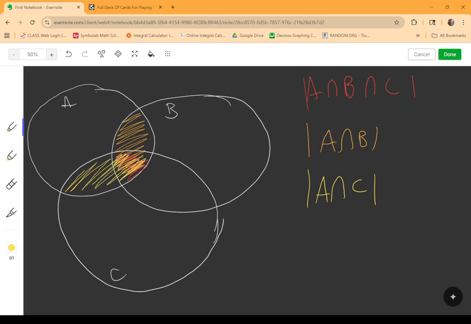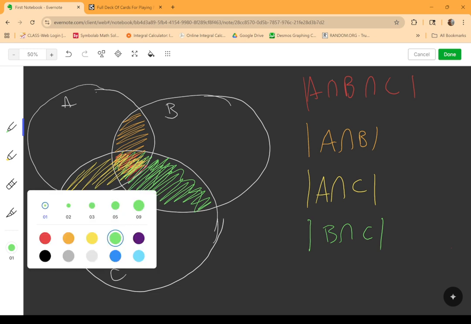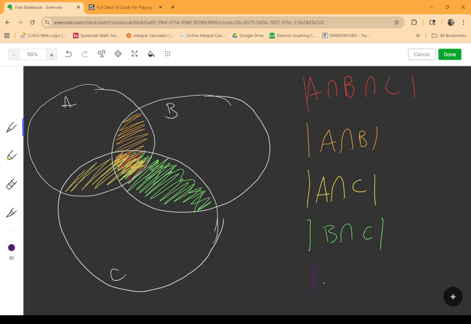And we could start to see how these pairwise sets are also intersecting. And then B intersects C, that would be right here. Okay, and then each individual one, the cardinality of A, would be this right here.